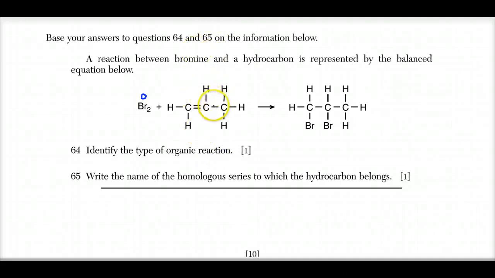Now we should know, how did bromine attach itself to the carbon chain? You notice everything attached. This bromine opened up this double bond. When it attacked the pi bond, it created one extra bond here and here.